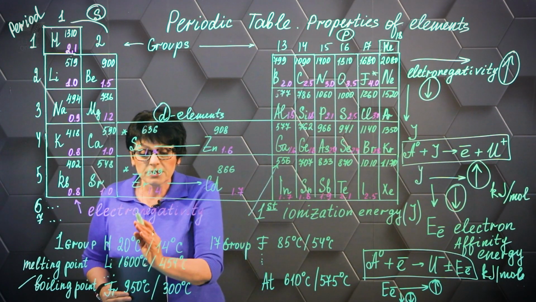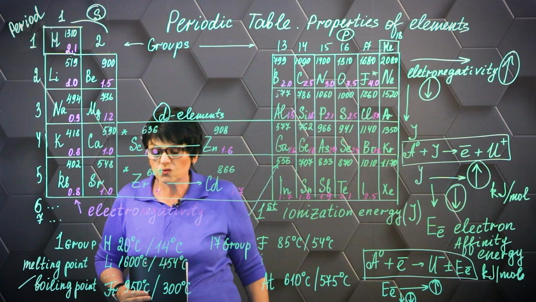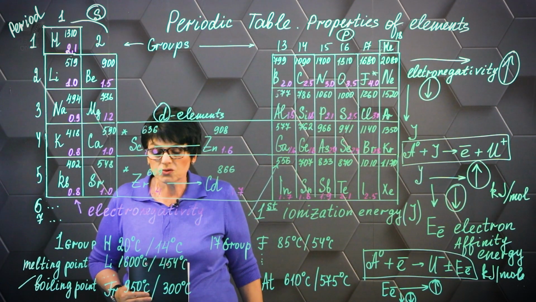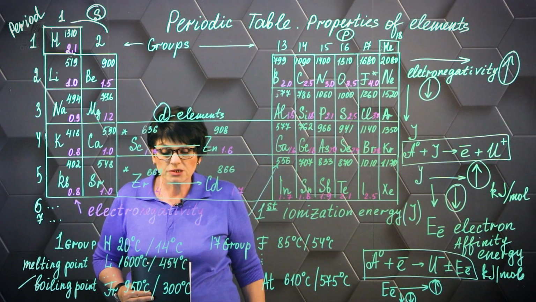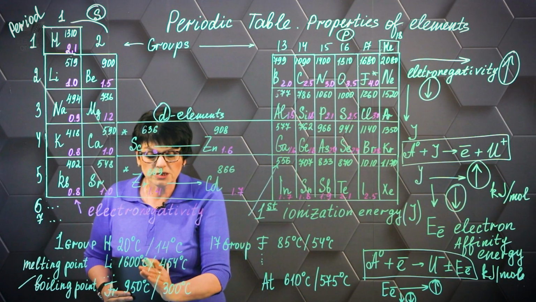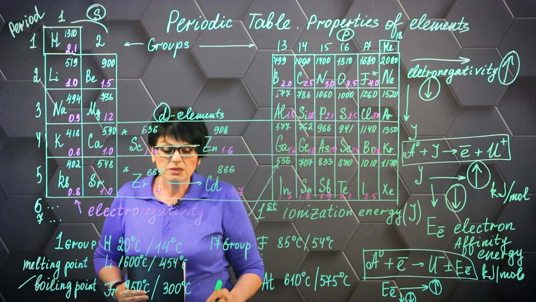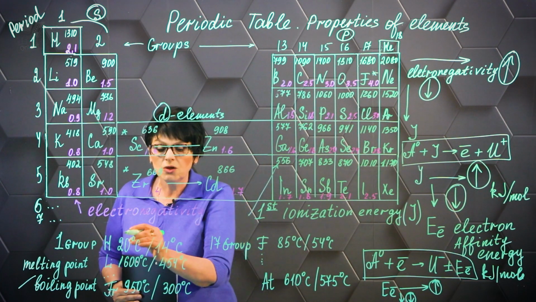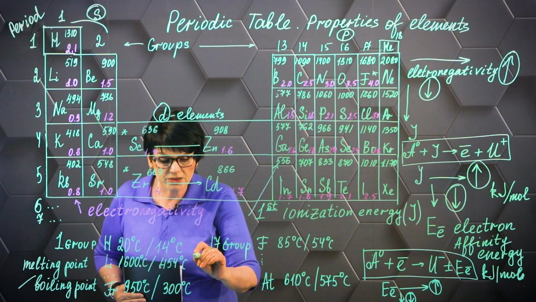The first number is the melting point, and the second number is the boiling point. As you can see, from top to bottom, this temperature generally goes down. Hydrogen is a special element, but from top to bottom, these temperatures will decrease.